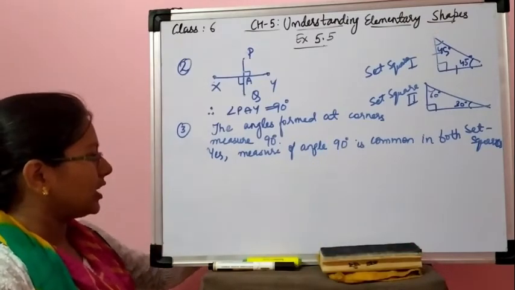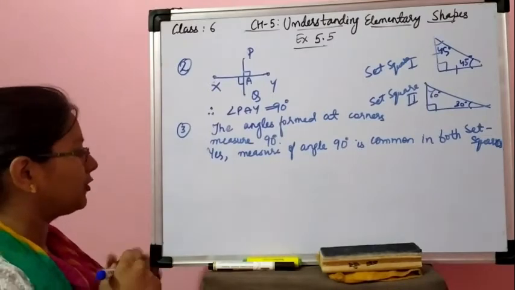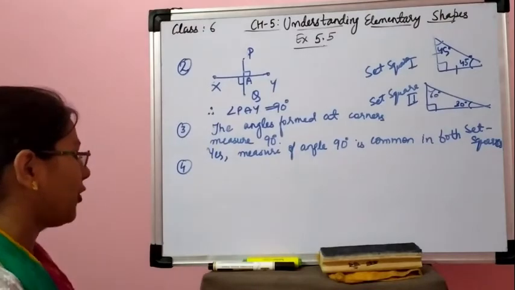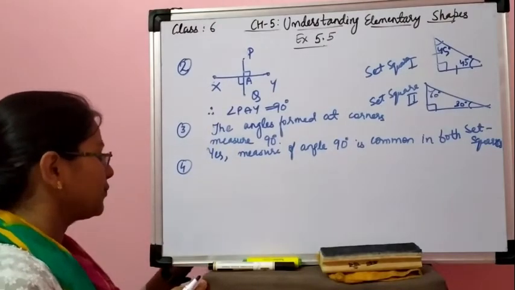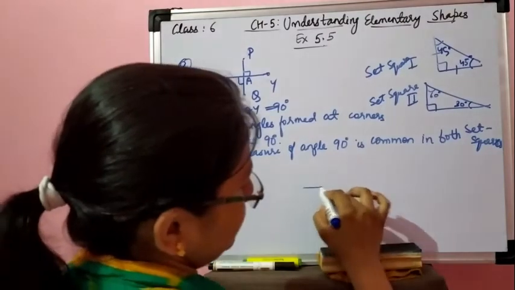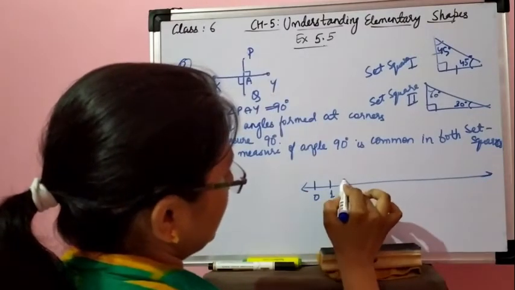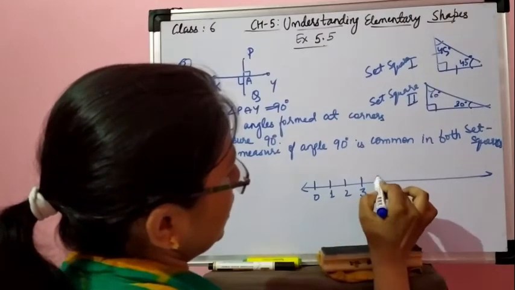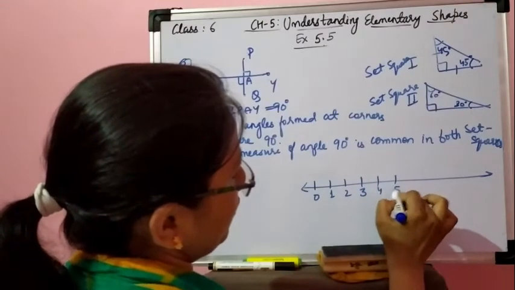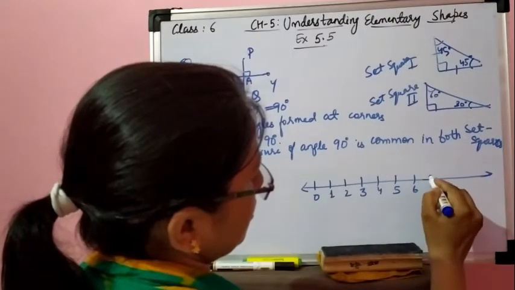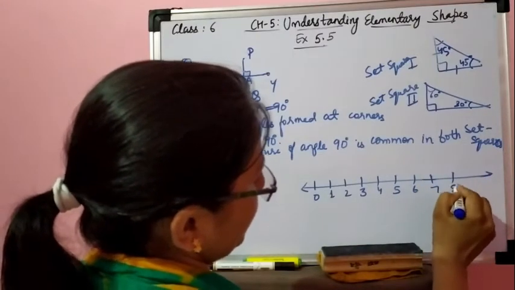Now the next question, that is the fourth one, for that we have to draw a diagram, and the diagram is drawn in the form of a number line, 0 to 8. 0, 1, 2, 3, 4, 5, 6, 7 and 8.